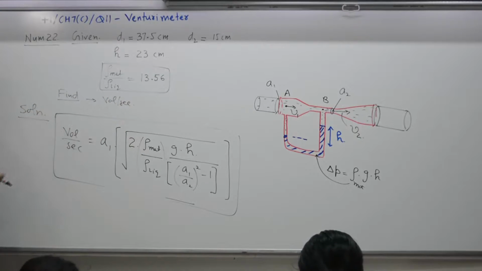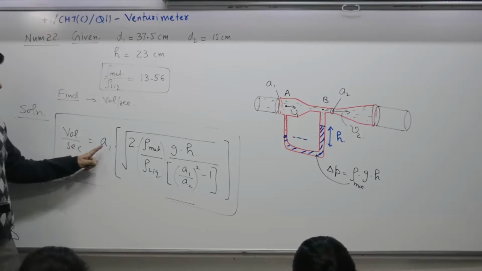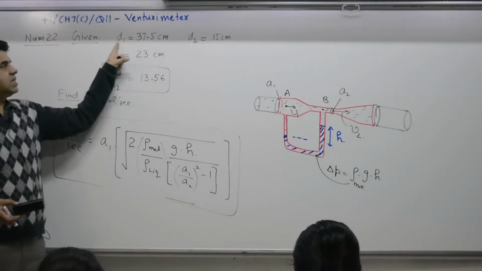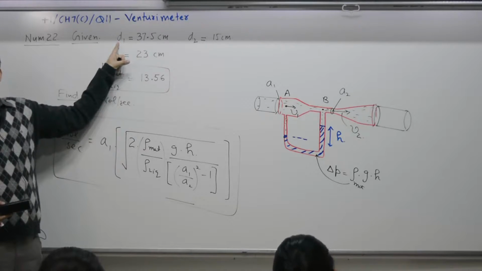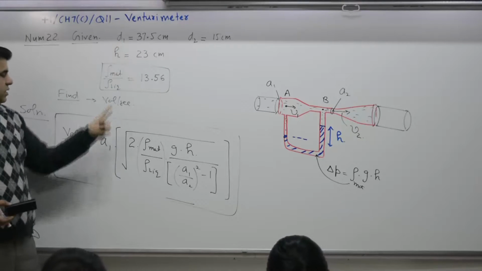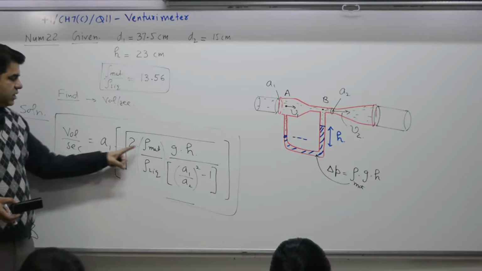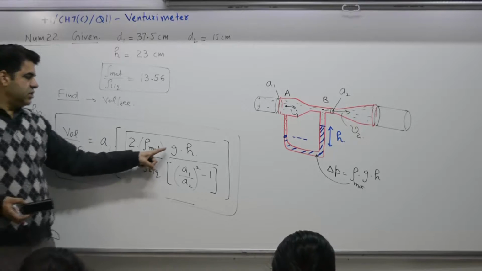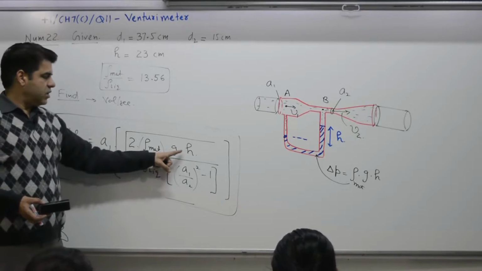Solution. Volume flowing per second. A1, how do you find area? Pi R1 square. How do you find R1? Diameter is given, radius is half of this. So A1 you can find out. Density of material by density of liquid is 13.56. G is 10 approximate.